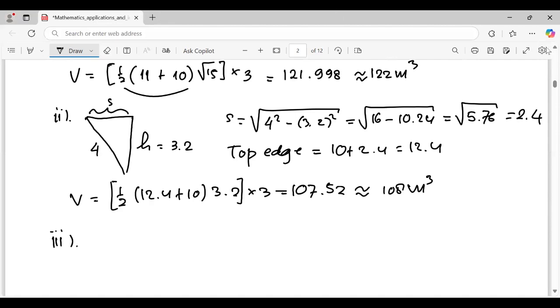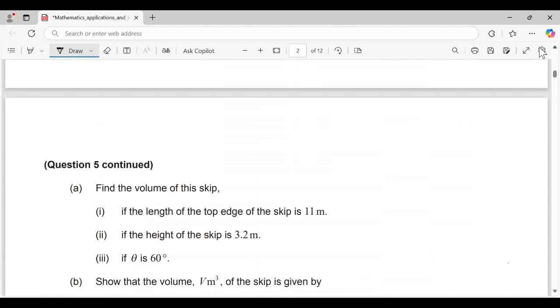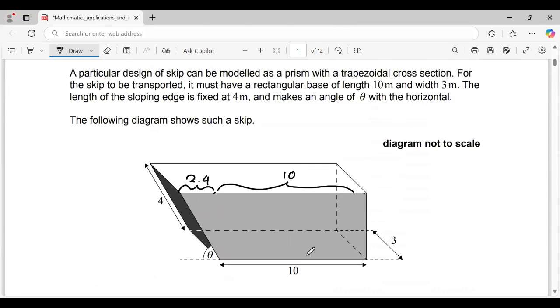Third, if theta is 60, this is a right angle triangle. We need to find this side and this side. If we define this side, we can determine this side plus 10.